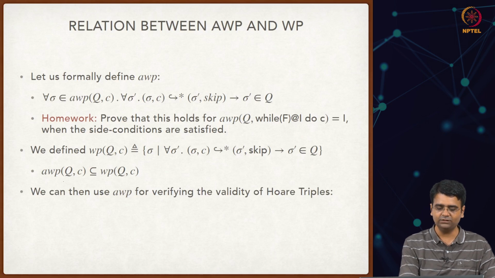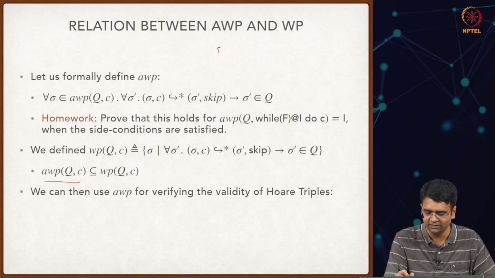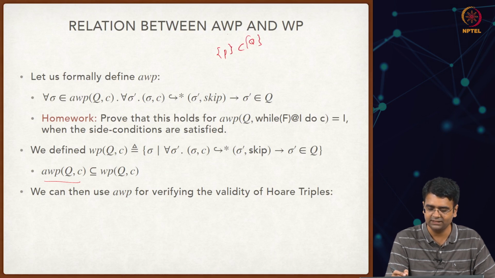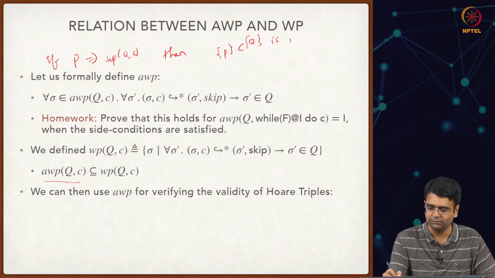So once we have this AWP(Q, C), we can then use this AWP for verifying the validity of the Hoare triple. Recall that in order to prove that {P} C {Q} is valid, we had said that if you take the formula weakest precondition of Q, C, and show that P implies WP(Q, C), then this triple is valid.